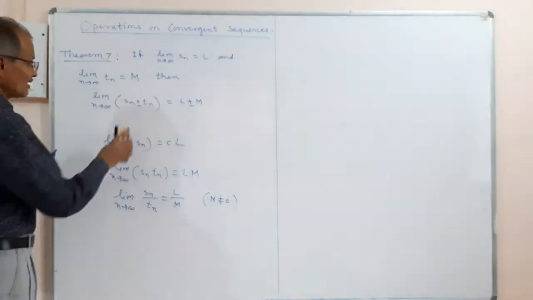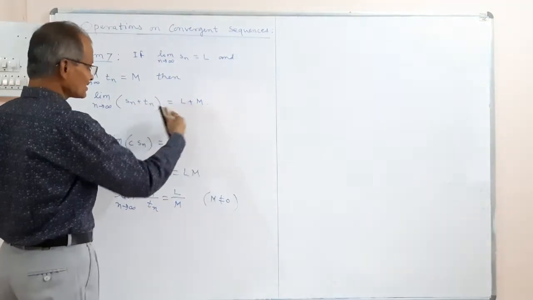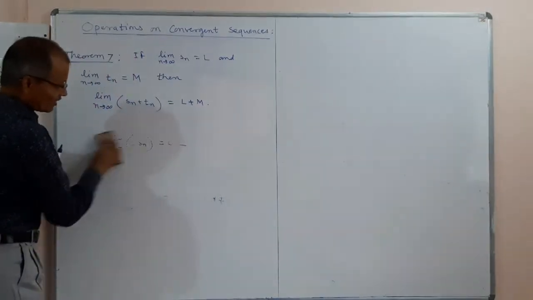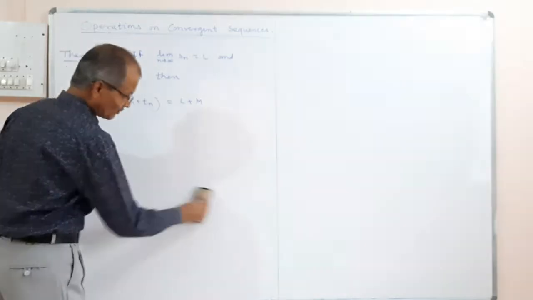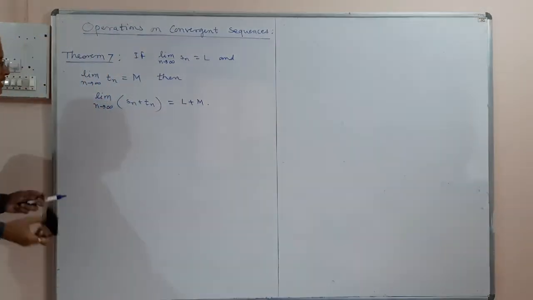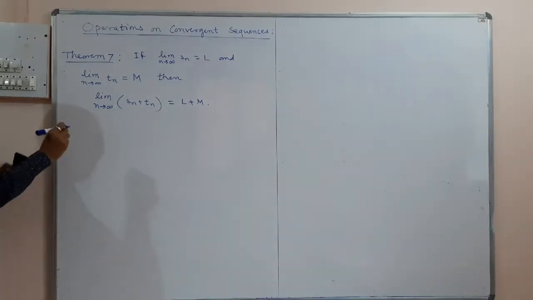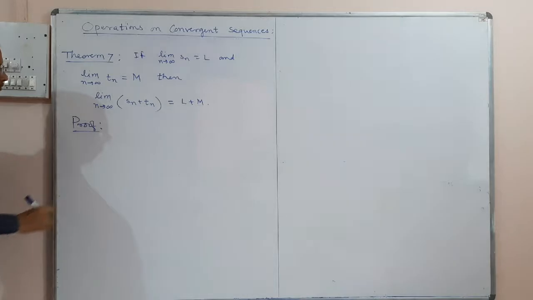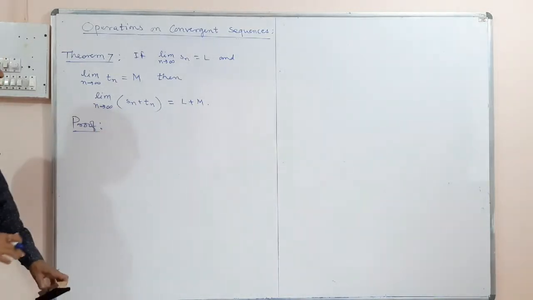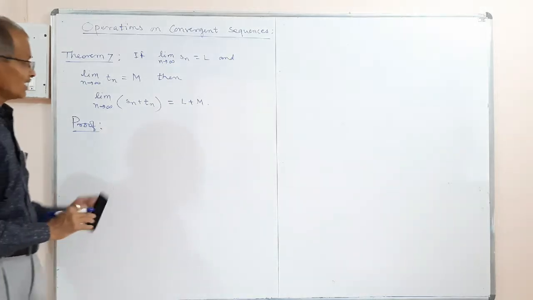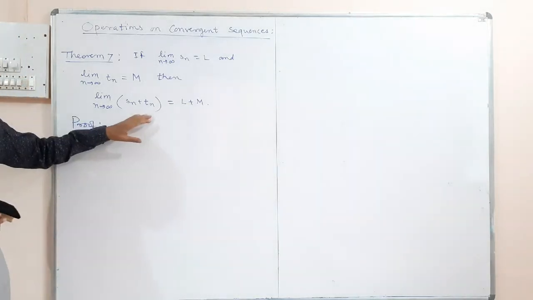The proofs are simple for these two results. Now you may refer to the proofs. I will explain only a few steps here for the proof of this. What we have to prove is the final result: the limit of Sn plus Tn is equal to L plus M. And we have to apply the definition of the limit of a sequence.